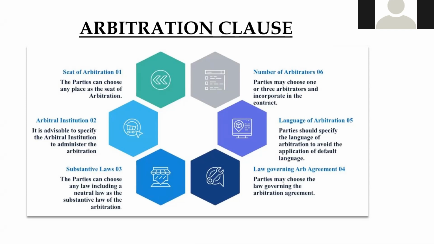And if the agreement does not specify the language, as you know, in UAE, if the language is not specified in the agreement, it will obviously be Arabic. So a language translator has to be appointed, which is additional cost. So let us be conscious of all these terms before signing the arbitration agreement.